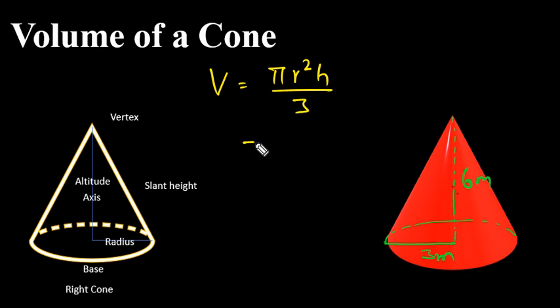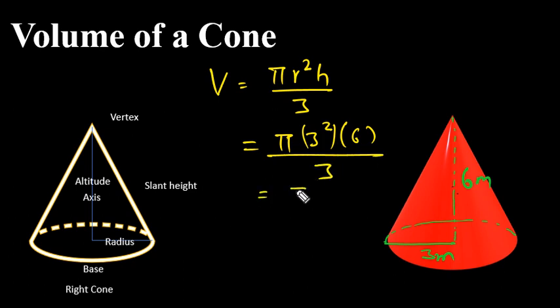That is our formula, right? So r is 3, so that will be 3 square multiply 6 divide with 3. When you divide with 3, only 3 remains, or 3 square is 9, 9 divided by 3 is 3. 6 multiply 3 is 18, so your answer will be 18 pi meter cube. That is the volume of the cone.